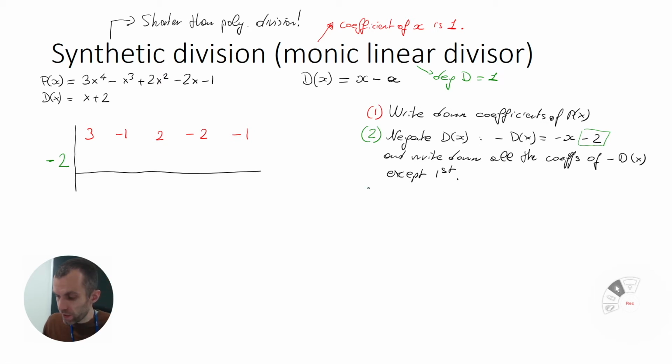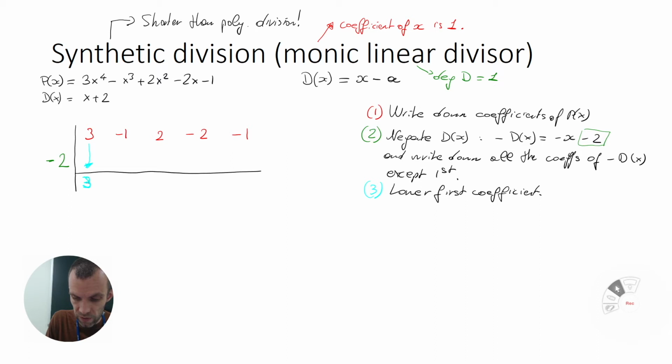For the next step, number 3, we're going to lower the first coefficient. That means taking the 3 that we have in the table and lowering it down.